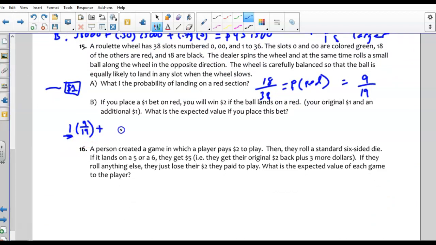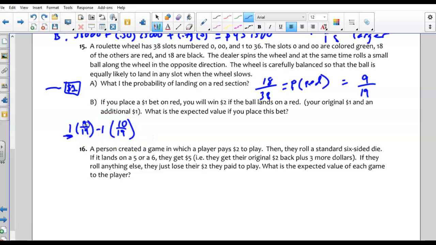Now, let's talk about what happens if you don't land on red. If you don't land on red, you're actually going to lose your money, your $1. I lose my $1 if I land on anything else. So that would be 10 out of 19. And why did I say 10? Because 9 and 10.